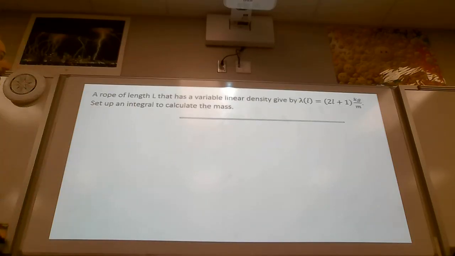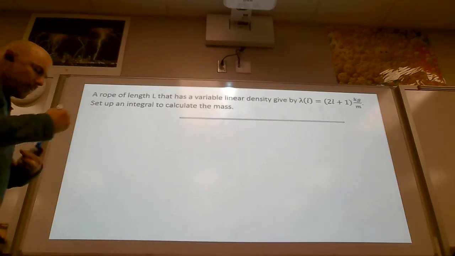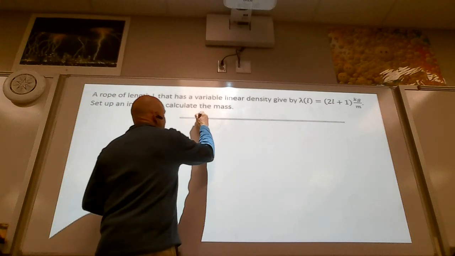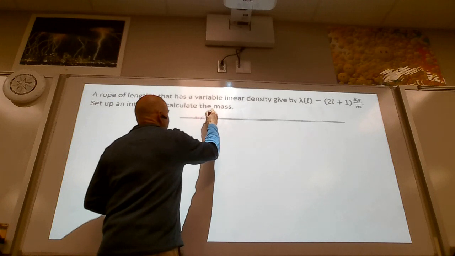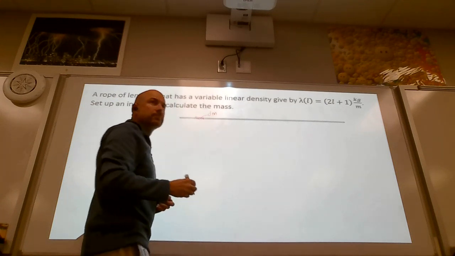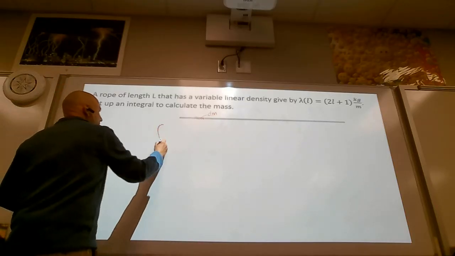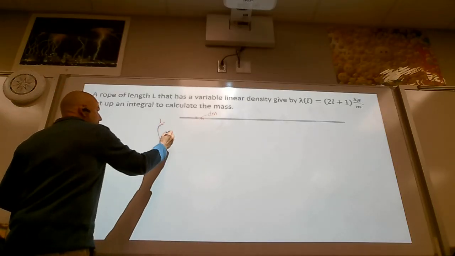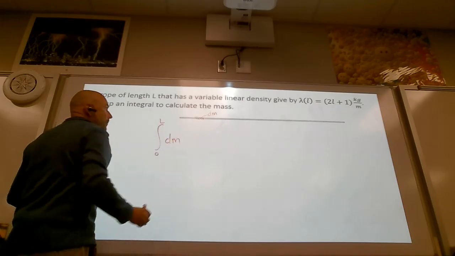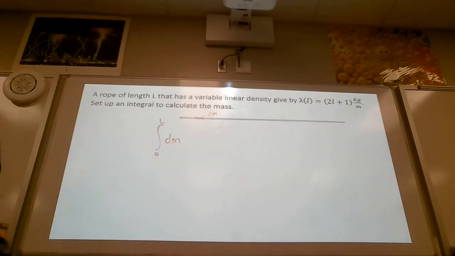So, calculate the mass. So what I'm going to do, I'm going to chunk this up in little chunks of mass. And I'm going to add it up from 0 to L. Okay.